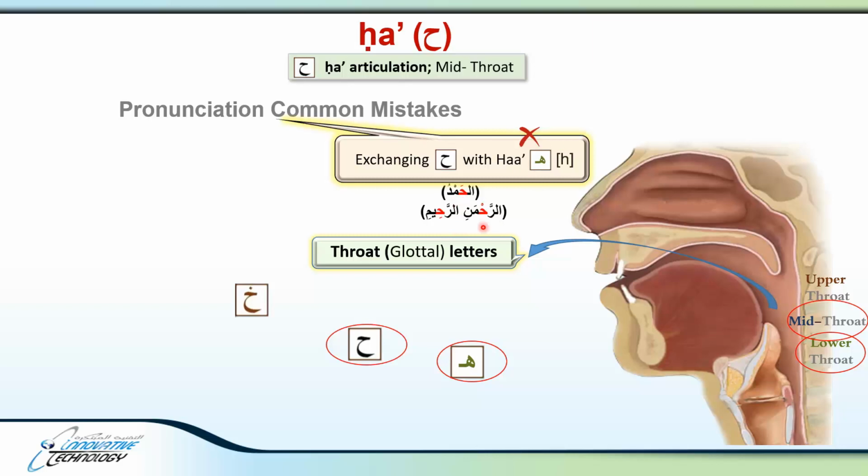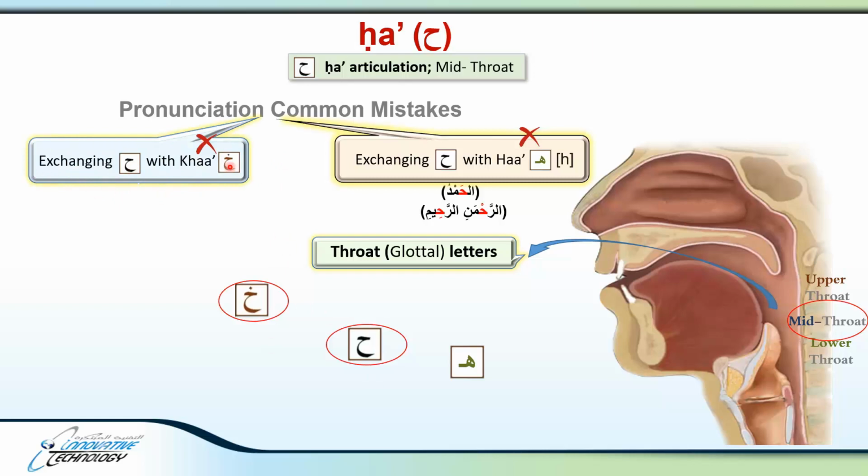Alhamdu, ar-Rahman, ar-Rahim. The same thing happens in certain languages like German or Spanish, where people tend to replace the Ha with the Kha. Because the Ha comes from the mid-throat, the Kha comes close to it from the upper throat, leading them to the second mistake, which is exchanging the Ha with the Kha.